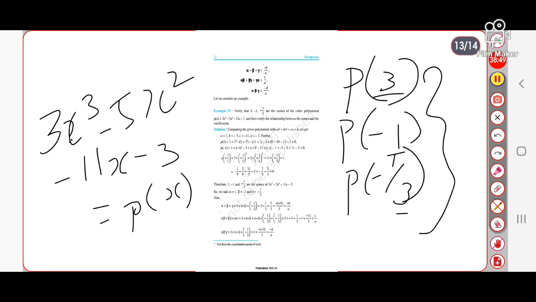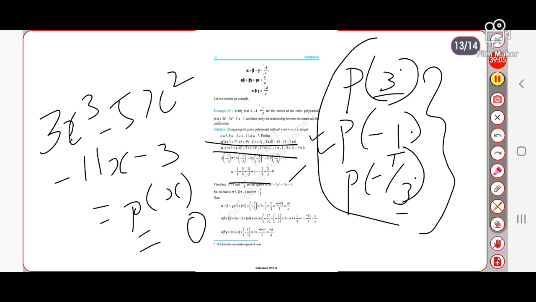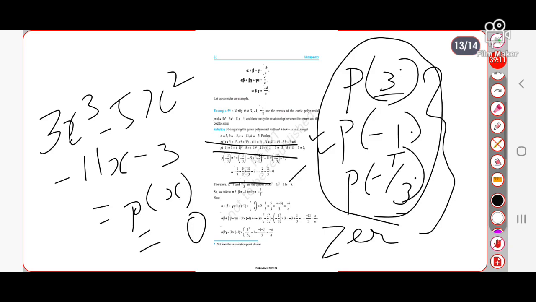So if the answer yields 0, then the individual value which yields 0 will be a zero, right? So they are substituting it for minus 1 by 3, and for 3 they are yielding 0 individually. So these 3 are zeros of the polynomial. Okay, the first condition given in the question, that is to verify that 3, minus 1 and minus 1 by 3 are the zeros of the cubic polynomial, is verified.